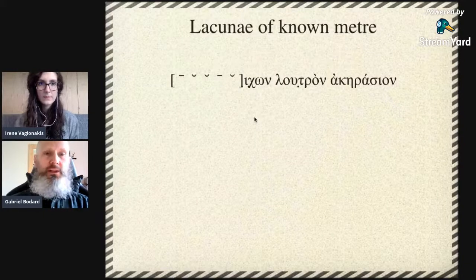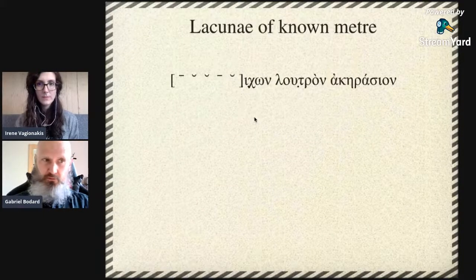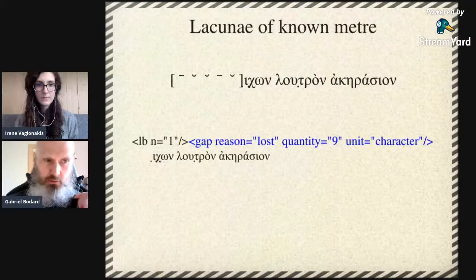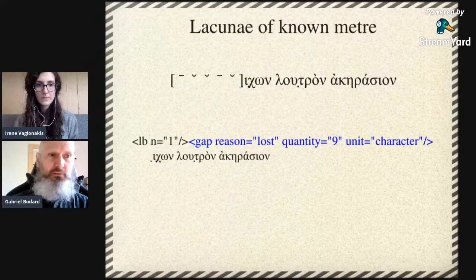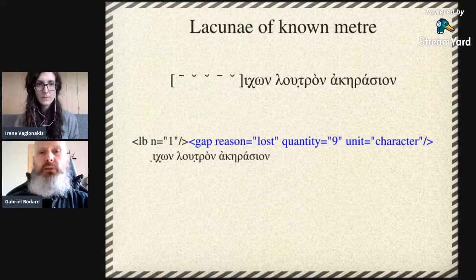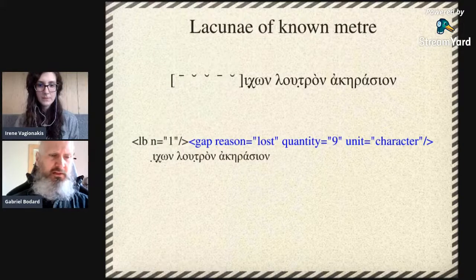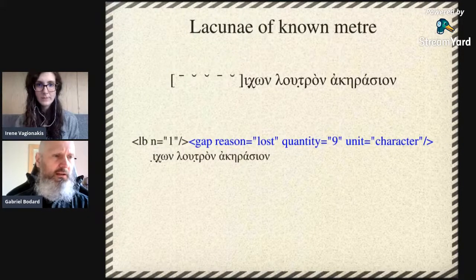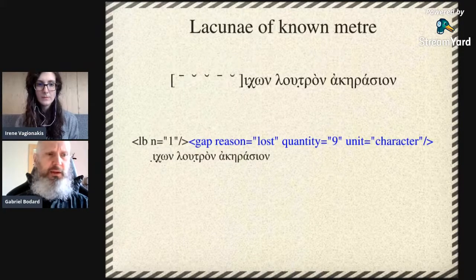In this case, we again start with the same principle as we started with the first example. We encode exactly what we would if it were not a verse inscription. We say this is a gap, reason lost, quantity approximately 9 characters, and then we encode the rest of the line. I've not encoded the whole of the line there. You'll notice I've left underdots in the line rather than marking them as unclear, just to save space.